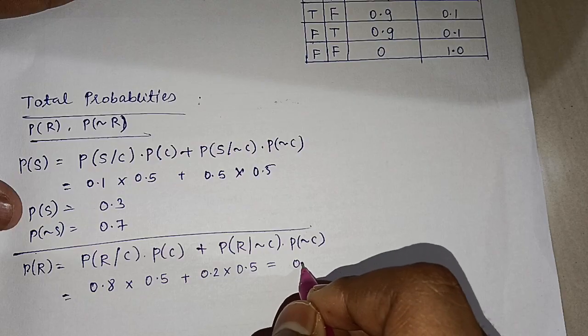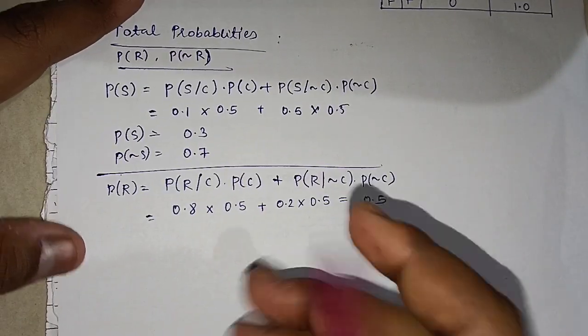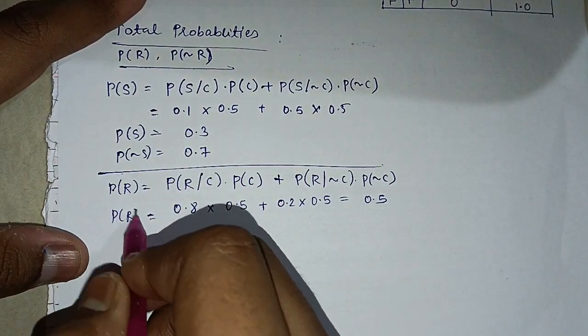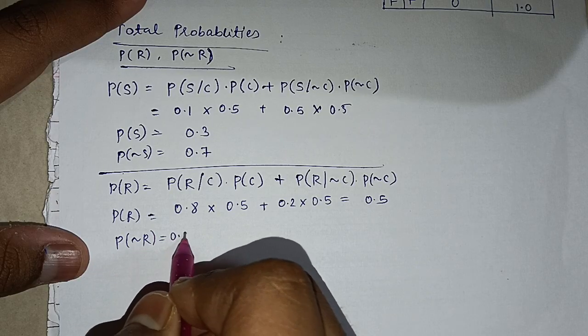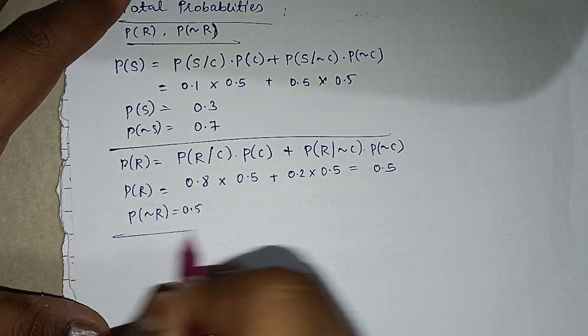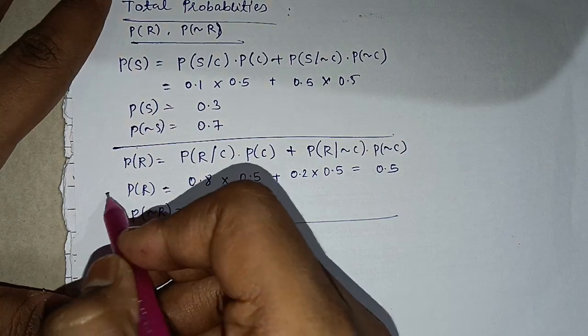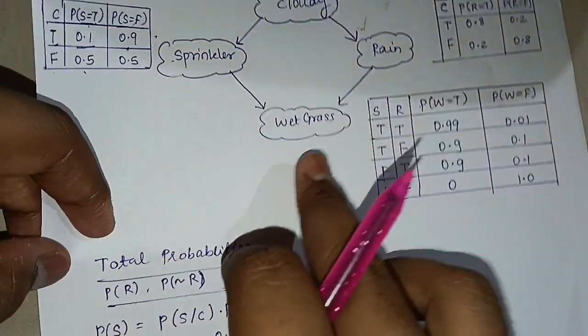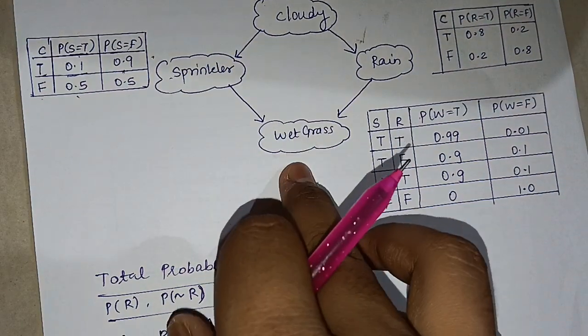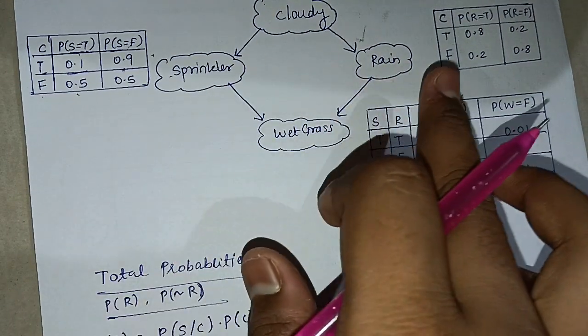On solving we get 0.5 for P of R. Therefore P of negation R is 0.5 only. This is the total probabilities. Now for wet grass. Now see, wet grass is dependent on sprinkler as well as rain.